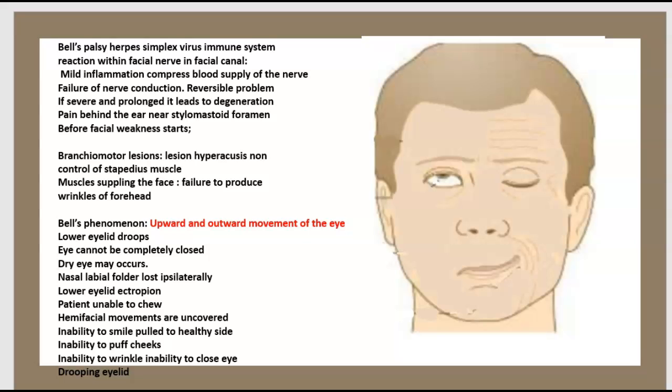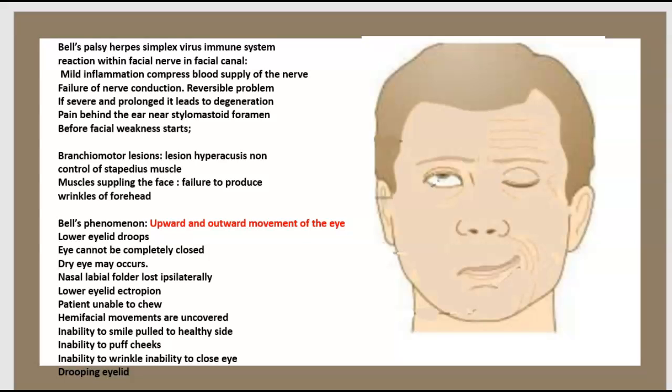In Bell's palsy, herpes simplex virus immune system reaction within facial nerve in facial canal. This causes mild inflammation, which compresses blood supply of the nerve.